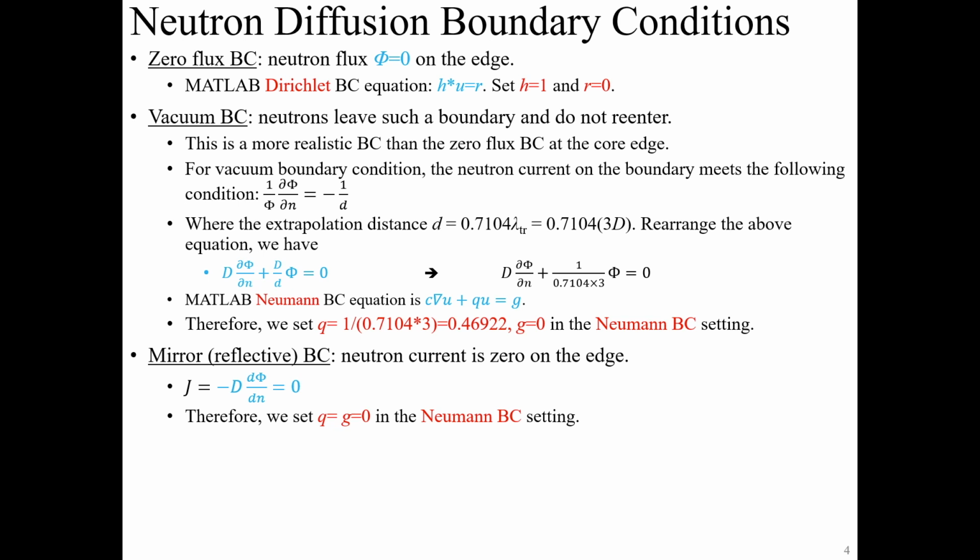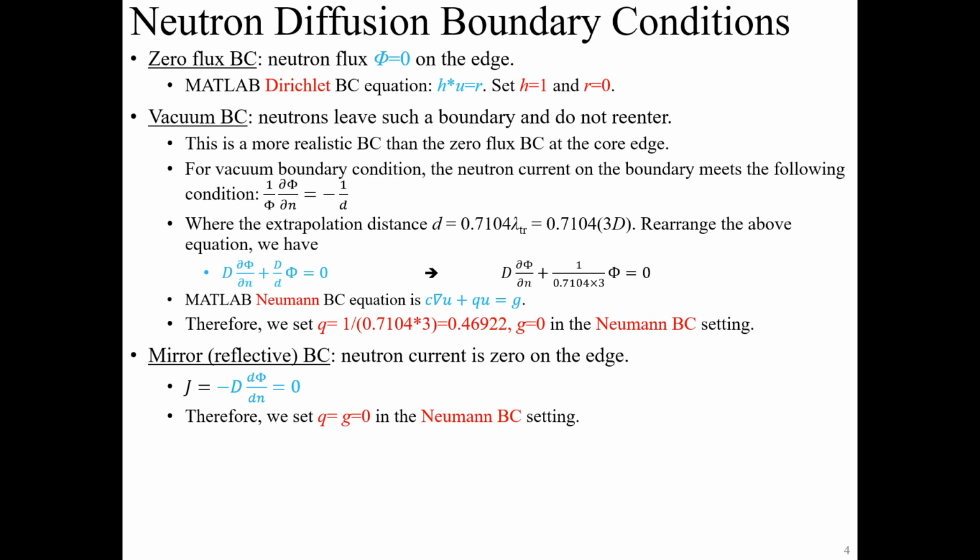The first type of boundary condition is called the zero flux boundary condition. The zero flux boundary condition is simple. We simply set the neutron flux to be 0 at the core boundary. It is similar to the fixed temperature boundary condition when we were solving the heat transfer equation. So we simply set this unknown phi to be 0 on the edges.